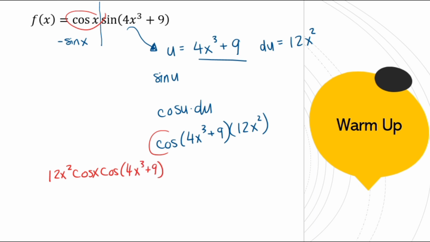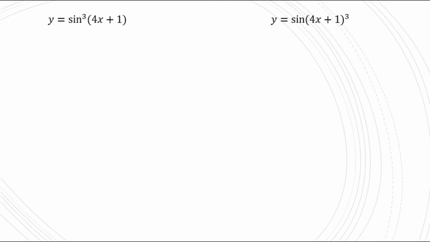There we go. And we know for the other side of our product rule, we do the kitty corners there, and we're going to just have our plus, which is going to be a minus because of the negative in front of the sine x, onto sine of 4x cubed plus 9. Woo! That was the warm-up.